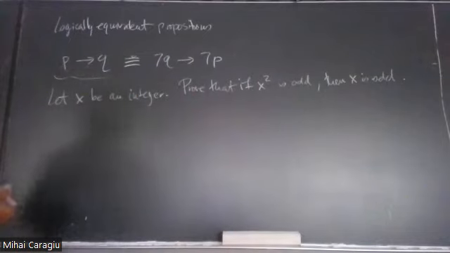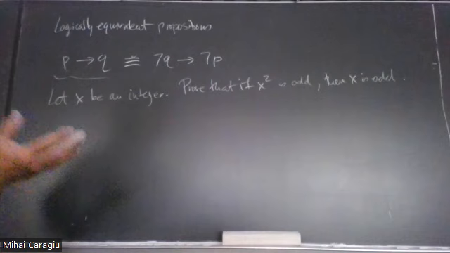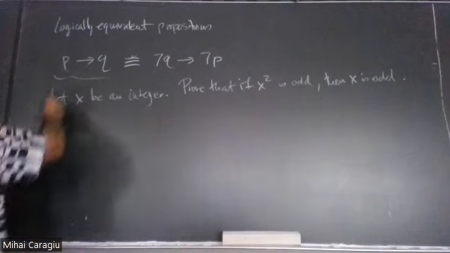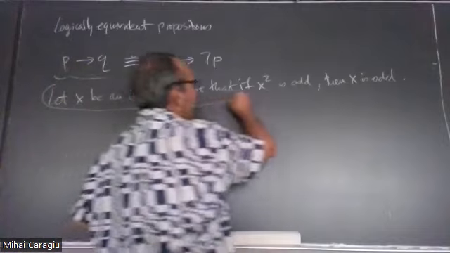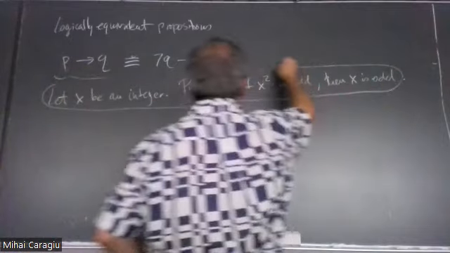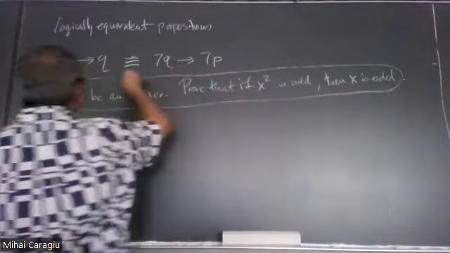So let's try to use the idea of contrapositive to conclude this proof. Let x be an integer. Prove that if x squared is odd, then x is odd. That's our first proof.